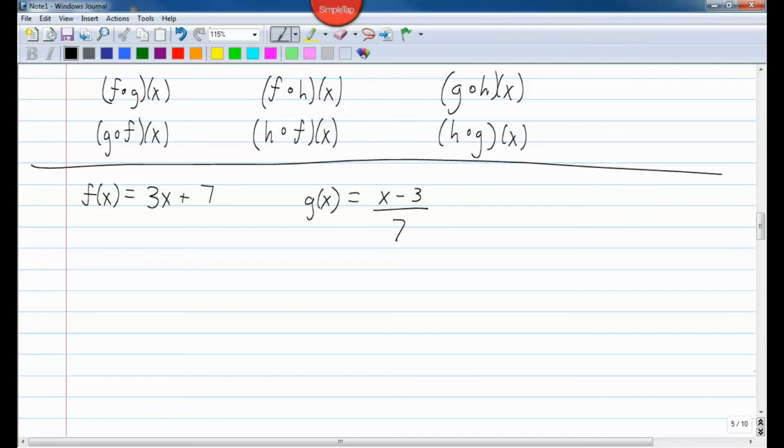If you just looked at them, and you weren't real good with inverses, you could probably just look at them and you'd say, yeah, they're inverses.